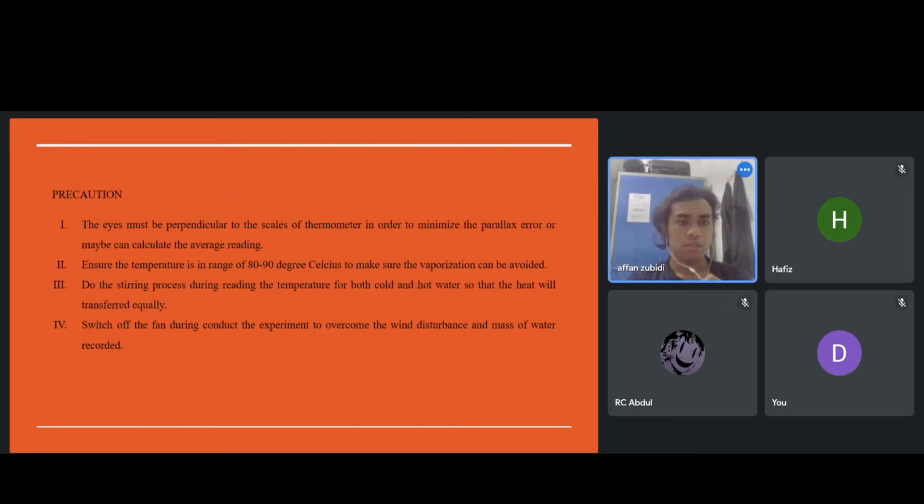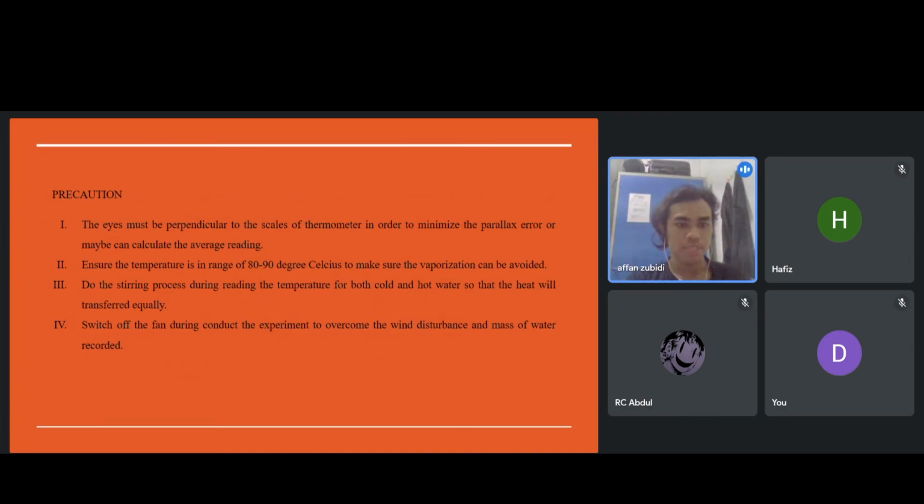Next slide. So how do we overcome the errors just now? I have listed 4 methods. To overcome the parallax error, we can make sure the eyes are perpendicular to the scale of the thermometer. Second, ensure the temperature is in the range of 80 to 90 degrees Celsius to make sure vaporization can be avoided.